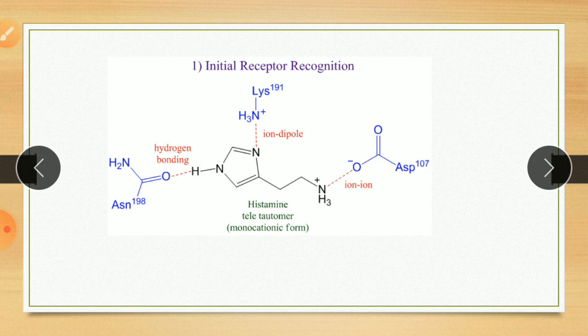The important point is that it contains a short intracellular C-terminal of 17 amino acids and a large intracellular loop of 212 amino acids. This is the characteristic of the H1 receptor. Transmembrane 3 and transmembrane 5 domains are responsible for binding of the H1 ligand. So histamine generally binds to transmembrane 3 and transmembrane 5 of the histamine receptor.